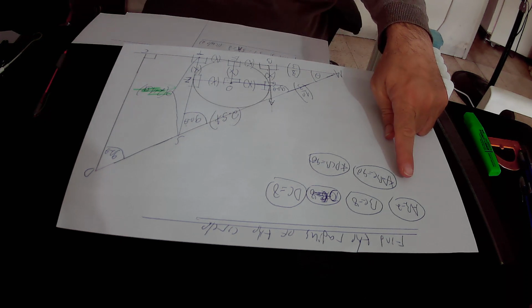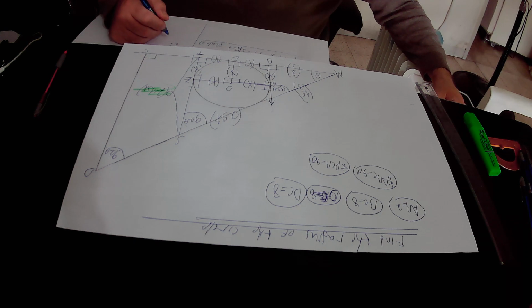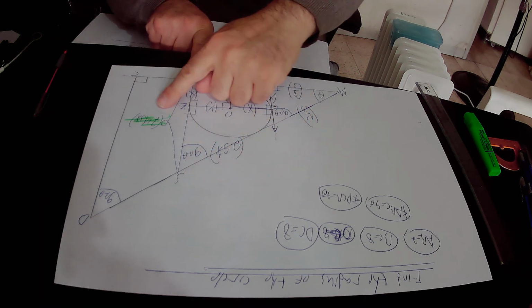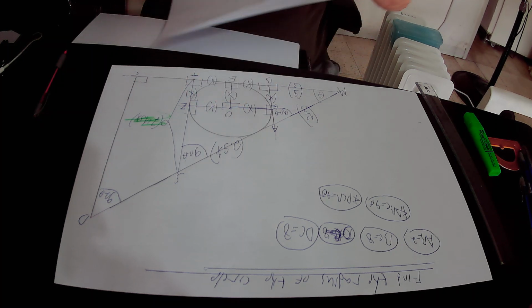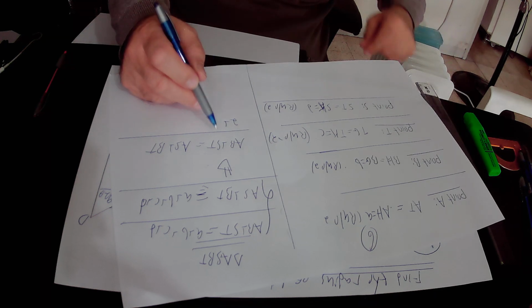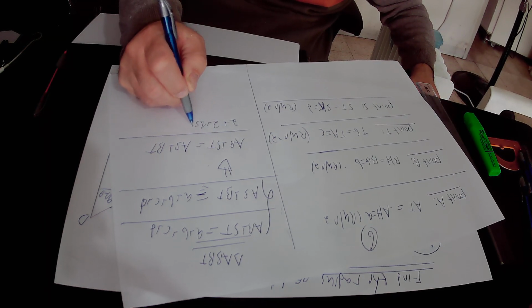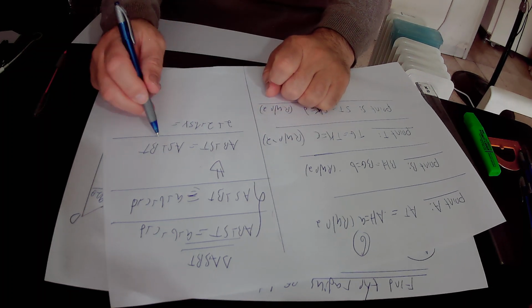AB equals 2, so we substitute AB by 2, plus ST. We already found out that ST equals 2 plus 1.5x, so we substitute ST by 2 plus 1.5x.